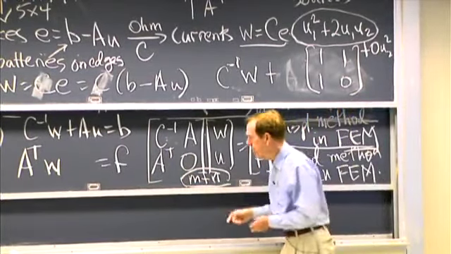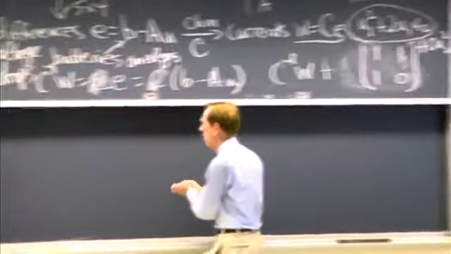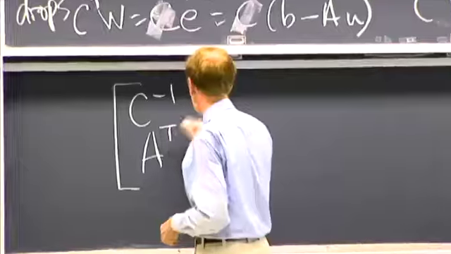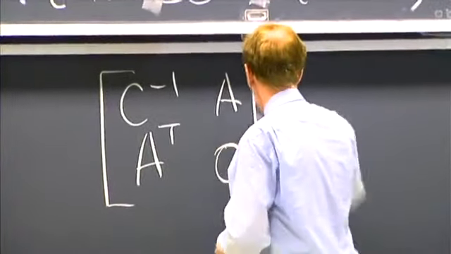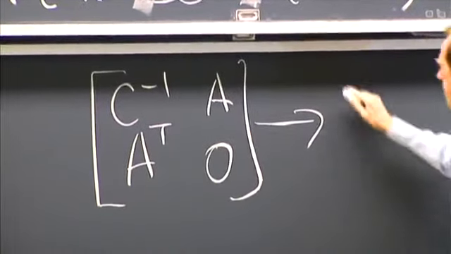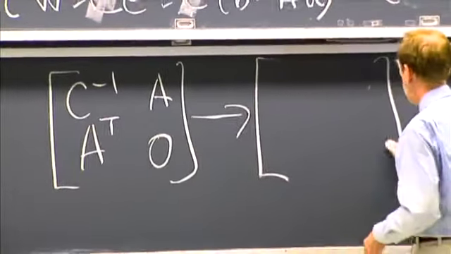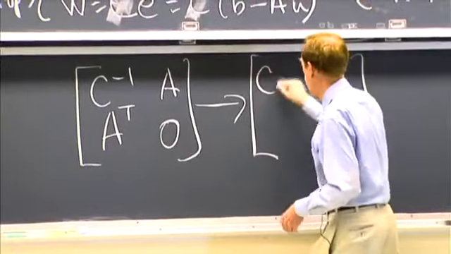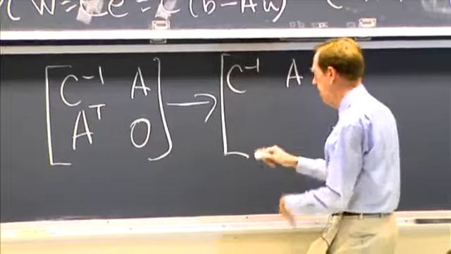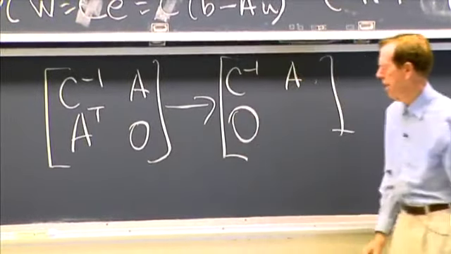So on the last board here, let me just copy this matrix, C inverse, A transpose, A, 0. Elimination is happy with that block row. It's going to do an elimination to get a bunch of zeros there.